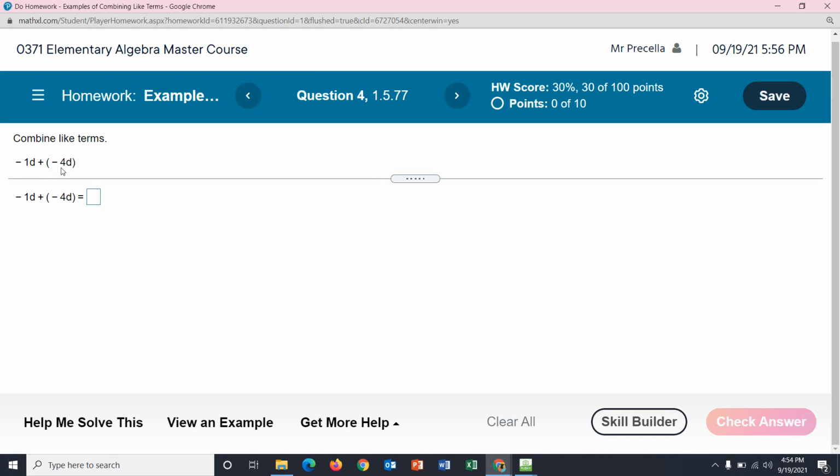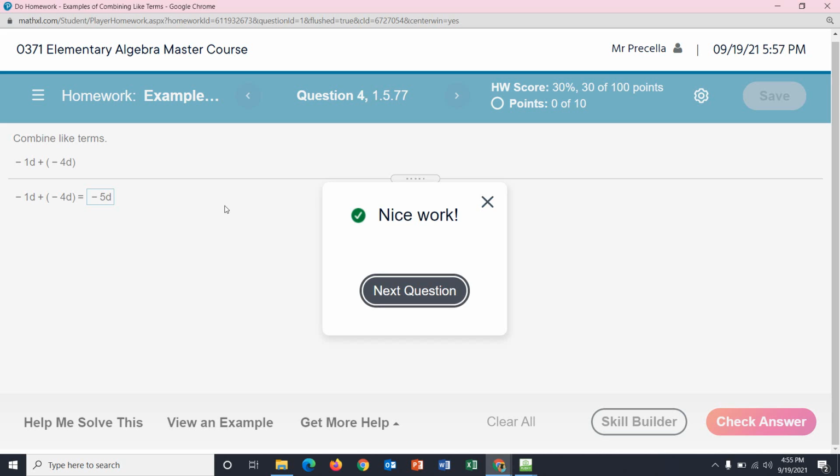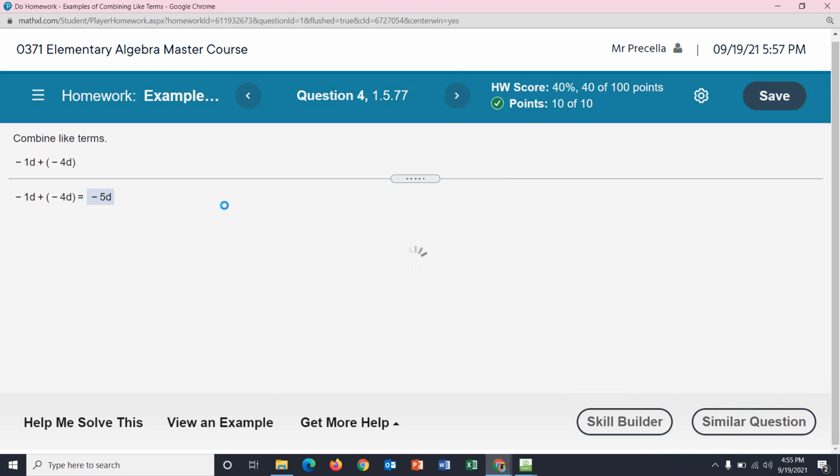Negative 1d plus negative 4d. Those are the same variables, so you add negative 1 and negative 4. That'll be a negative 5. Attach the d. Check it. Just move right on along.